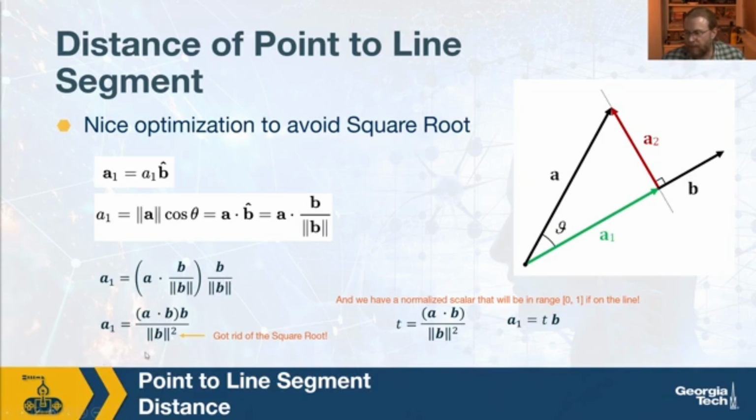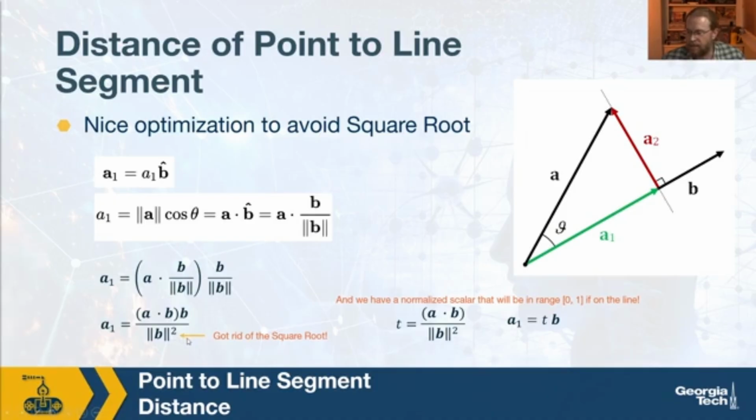So we can simplify all of that, and what you get is that projected vector a is equal to vector a dot vector b times vector b over the magnitude of b squared.